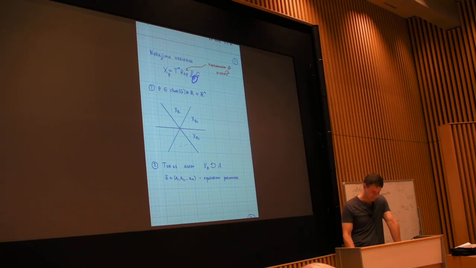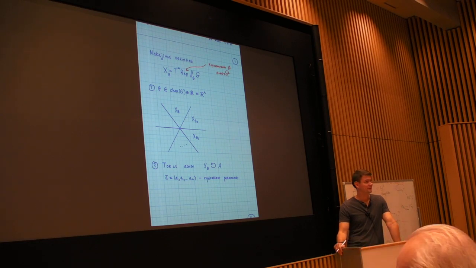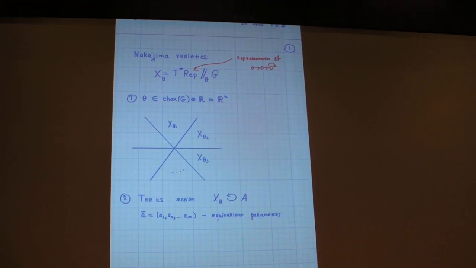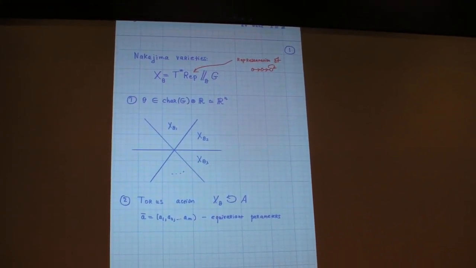So this is the parameter theta, and your variety depends on the choice of the stability parameter in a locally constant way. So you have a space of stability parameters, and this space is split into chambers by some hyperplanes. And your variety remains the same if you are in the same chamber, and if you go across a wall in that space, there is some kind of birational transformation which corresponds to a flop.